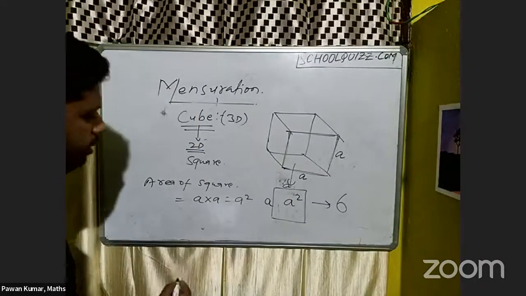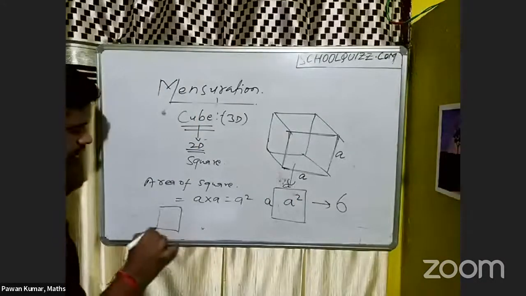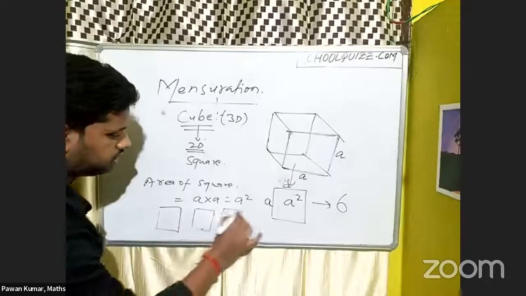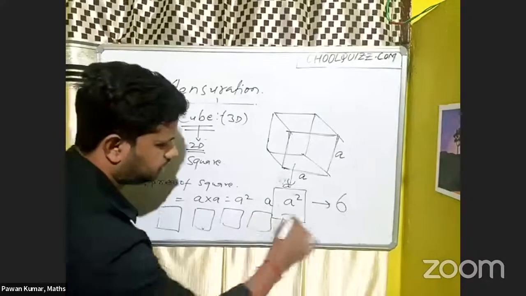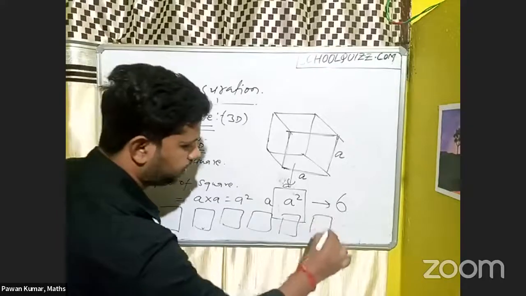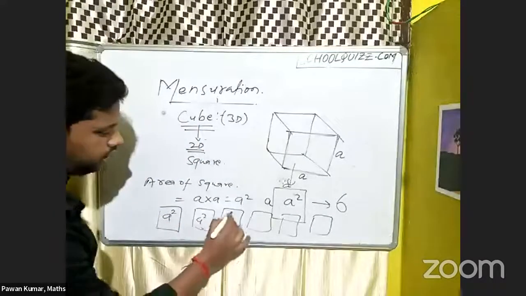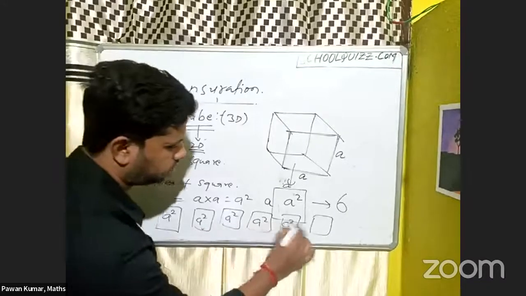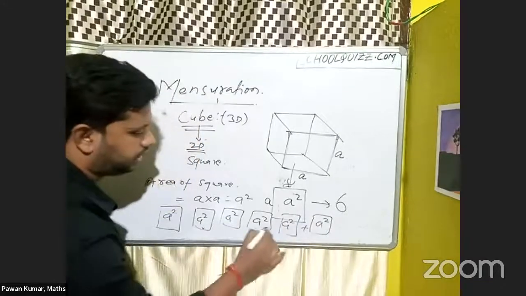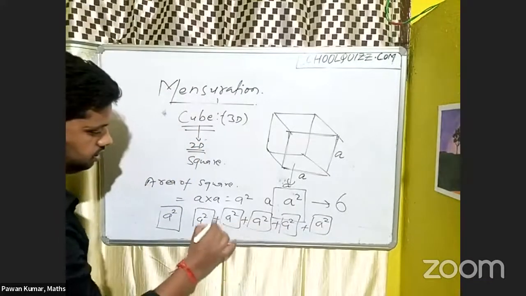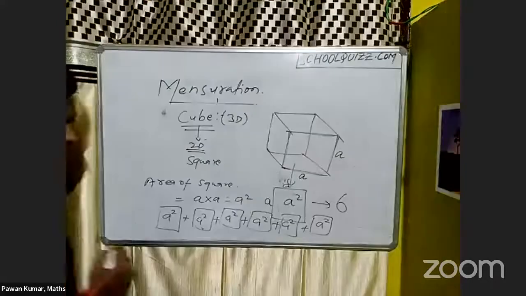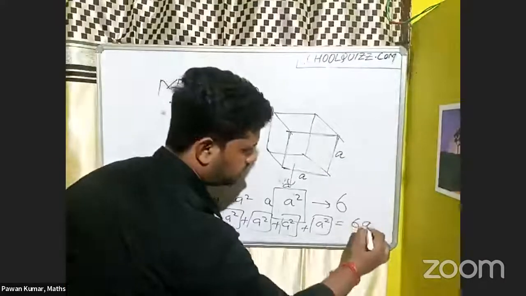Similarly, how many faces do we have? Total 6 faces. If I add A square, A square, A square, A square, A square, A square, what I get is 6A square, correct?